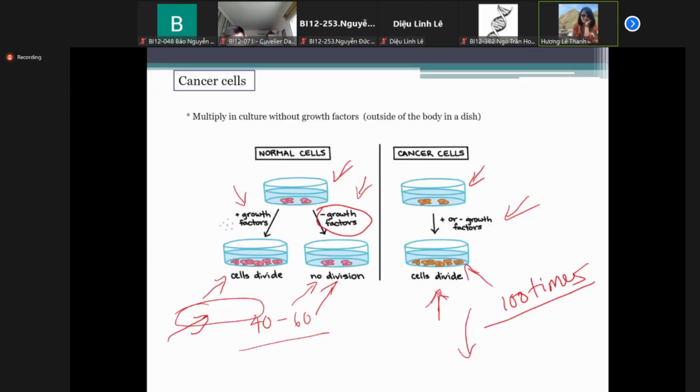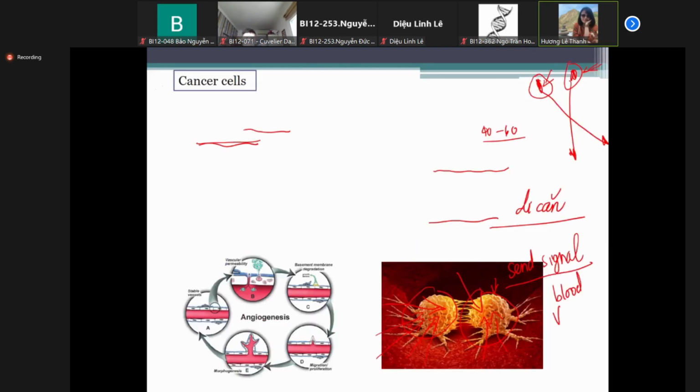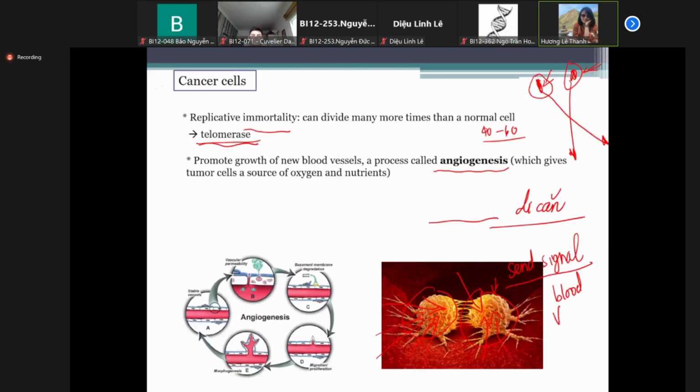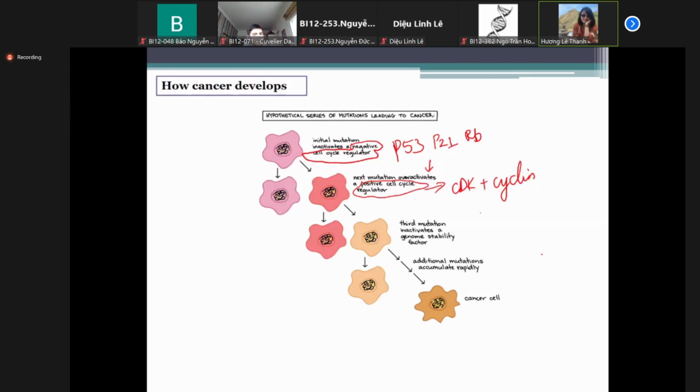So in the first step of cancer development, we inactivate the negative cell cycle regulators, and in the next step, the positive cell cycle regulators are overactivated. So the cell will divide rapidly, right?